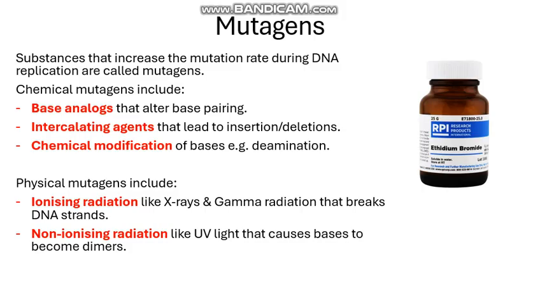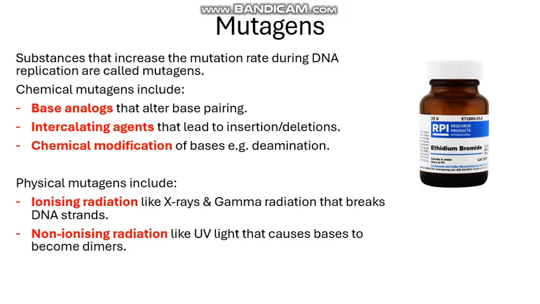Mutagens are substances that increase the mutation rate during DNA replication. We have chemical mutagens, such as base analogues that alter base pairing, intercalating agents that lead to insertions or deletions, or chemical modification of bases, for example, through deamination, the removal of amino groups.